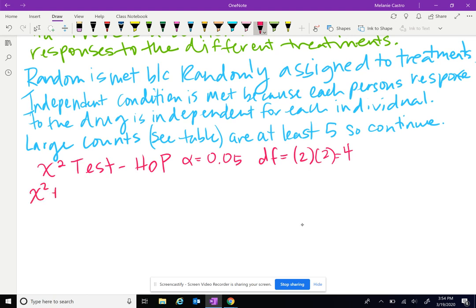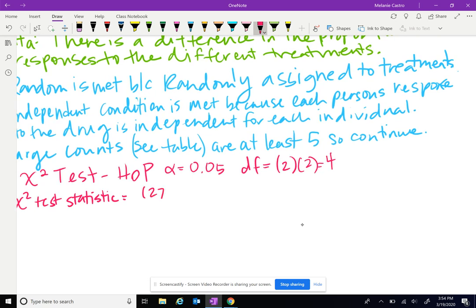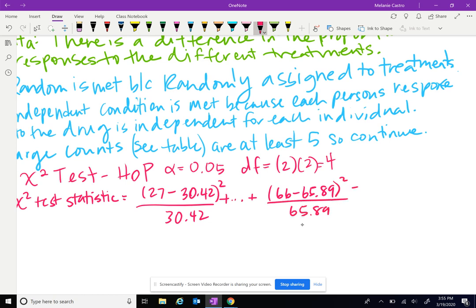For the chi-squared test statistic, you would calculate O minus E squared divided by E, or use your calculator and just show the work like I did with the little ellipses. I got 8.719. All right.